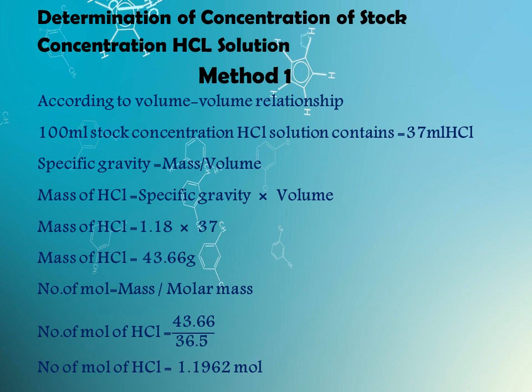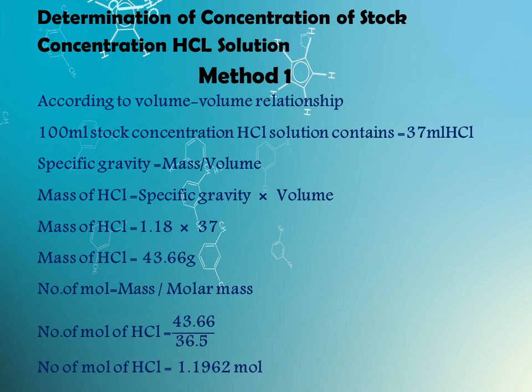Now, the determination of concentration of stock concentrated HCl solution from method 1. According to volume-volume relationship, 100 ml stock concentrated HCl solution contains 37 ml HCl, and the specific gravity is equals to mass divided by volume.